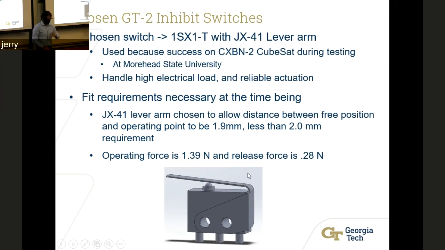In order to leave enough space between this switch and this lever, this lever arm would have been at a higher position than this lever arm would have been. And that position of the lever arm was going to be past our 2 millimeter requirement. So having the ability to separate our switch from our lever arm allowed us to have a free position of our switch that was less than the other design, and therefore probably fit it into our CubeSat.